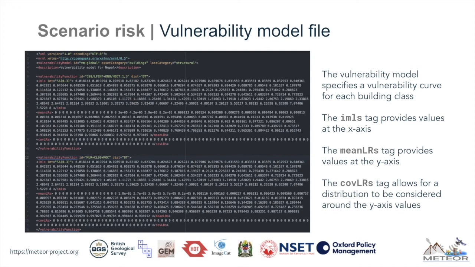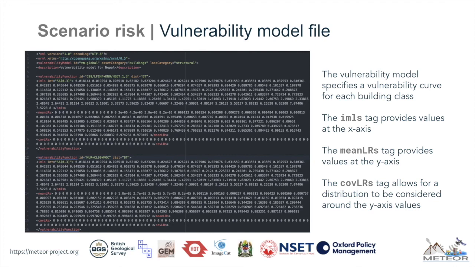Here's a screenshot of the vulnerability model file. In this case, we have a vulnerability curve defined for each building class. In this screen capture, we can see 2 building classes with vulnerability models defined, their ID being here and here.